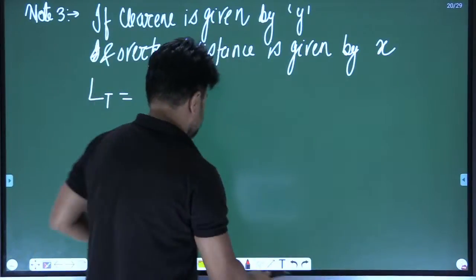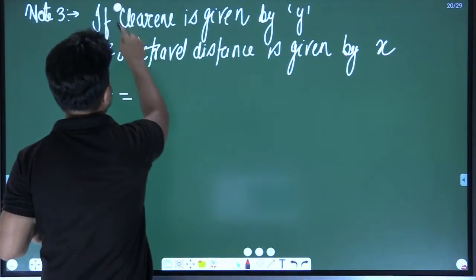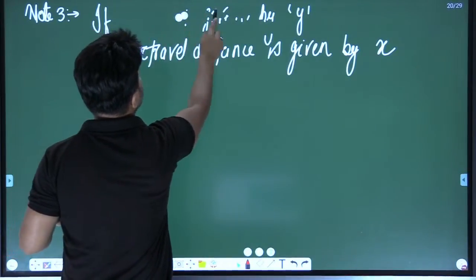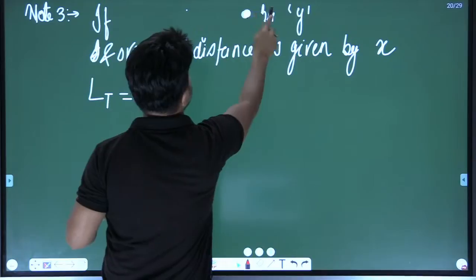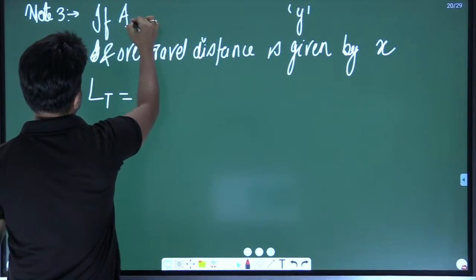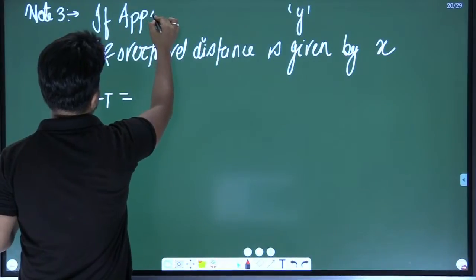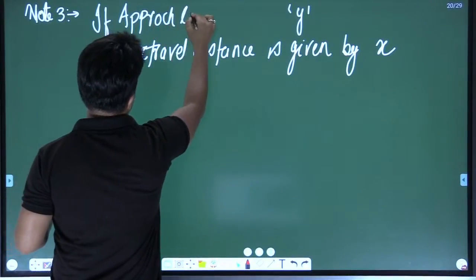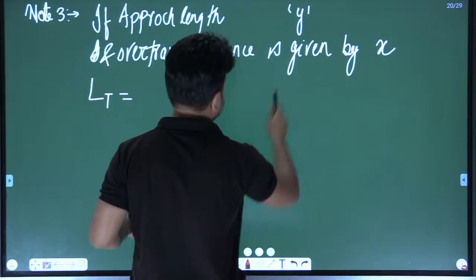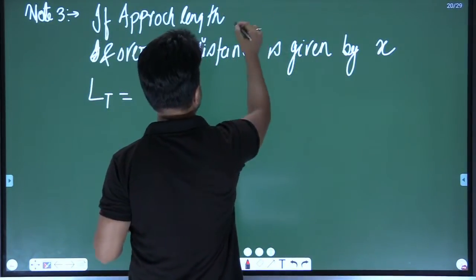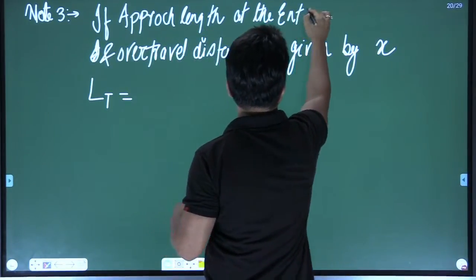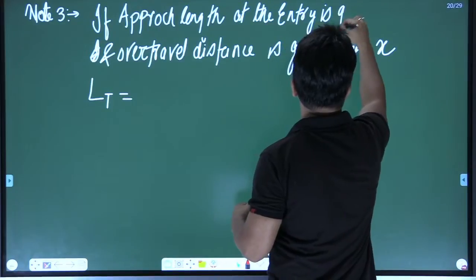Not clearance, but approach length. If the approach length at the entry is given by y.